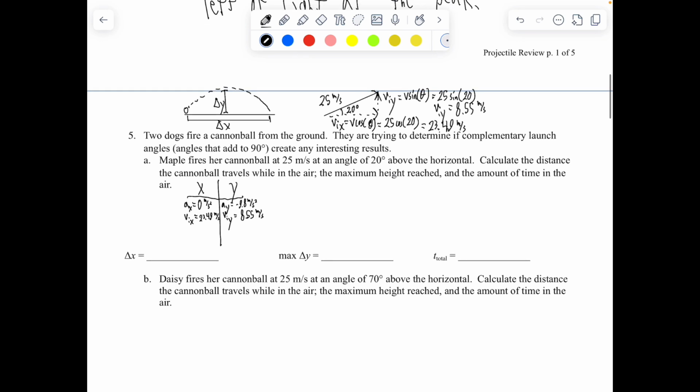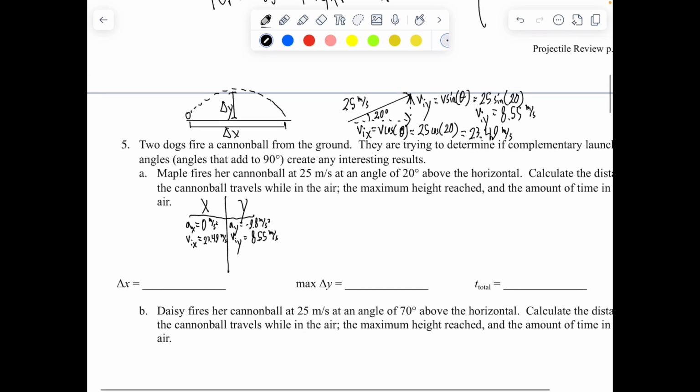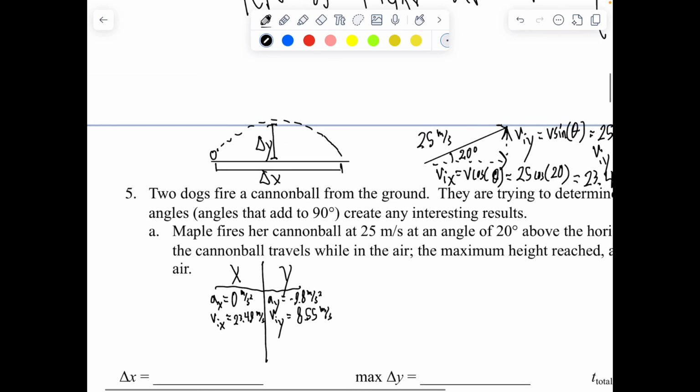Let's start off and say, let's identify a critical point during this problem. If we go back up to our diagram, let's look at the top. Right up here, the very peak of the motion, because we know something really important about the peak of the motion. At the peak, we know that vertical velocity is 0. It's not moving up.